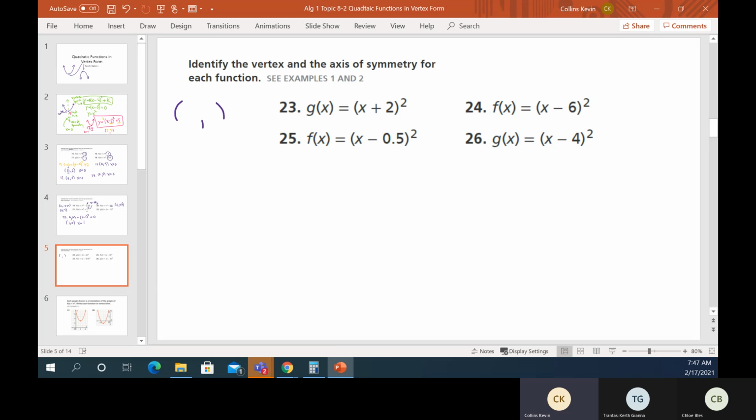Okay, so minus 2 and what? You're right about the minus 2. What's the other part going to be?